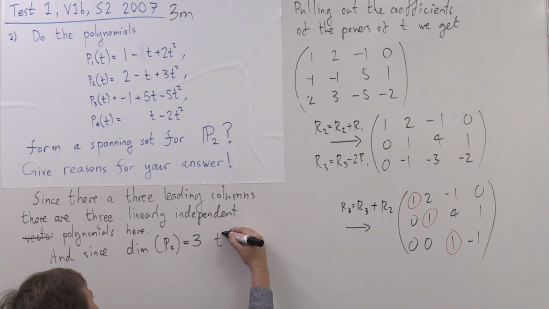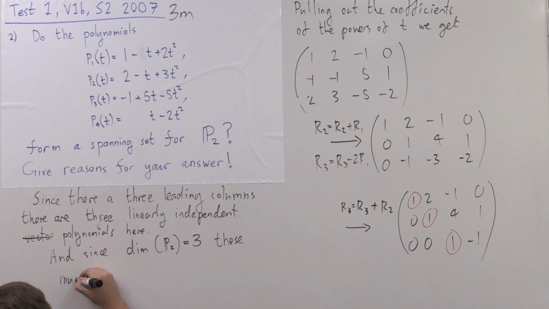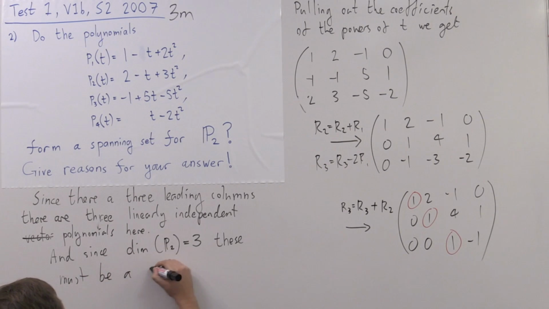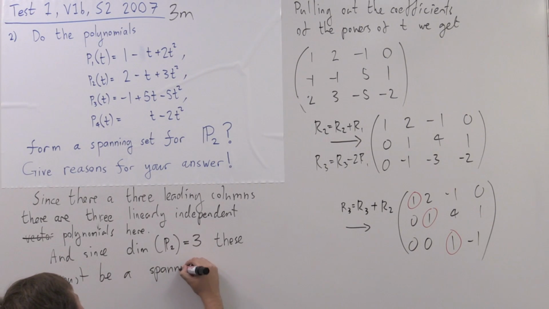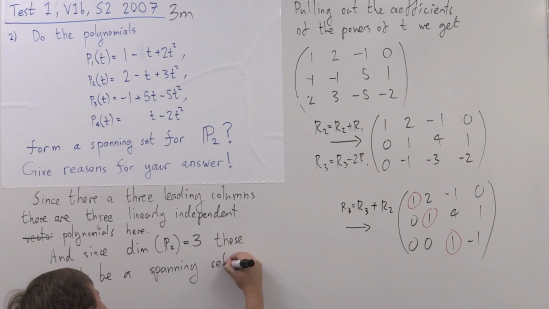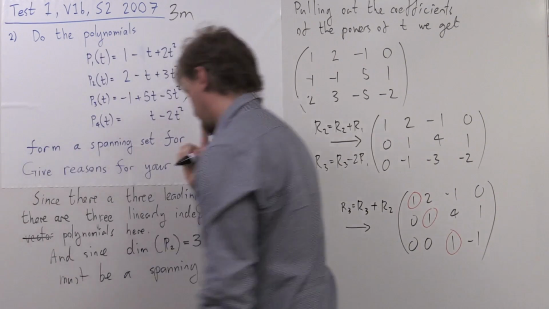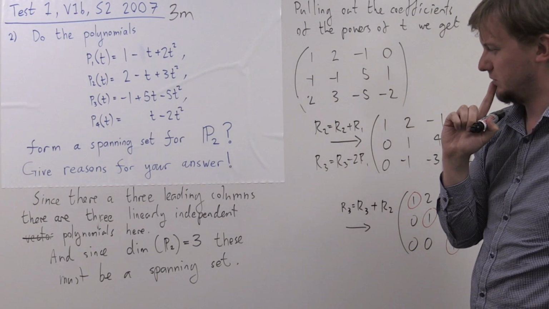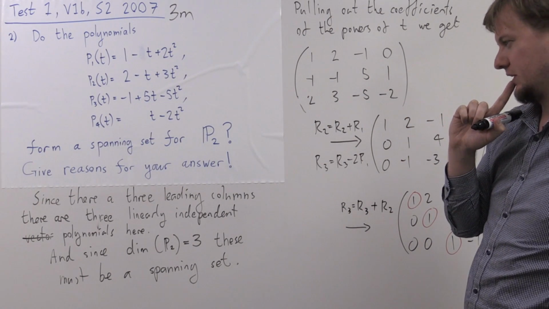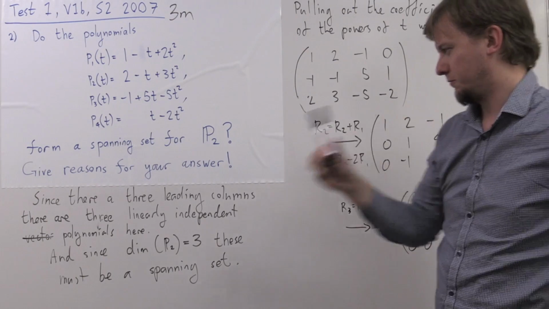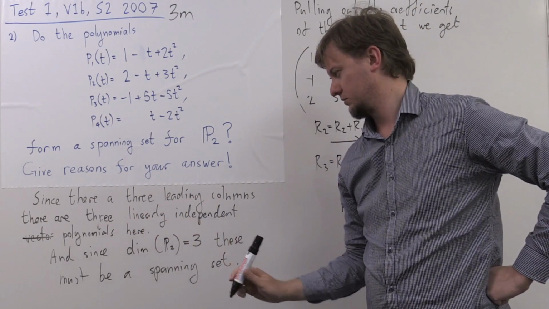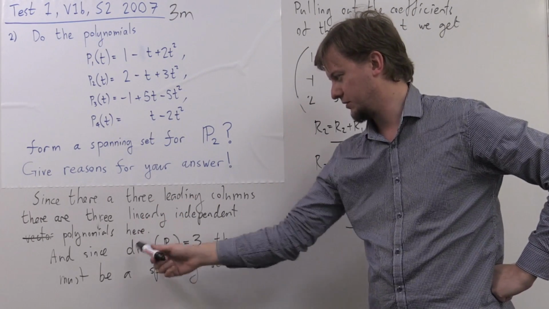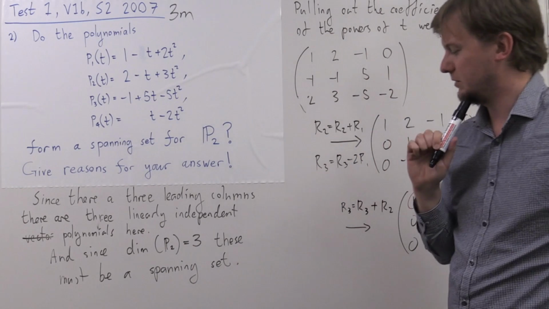These must be a spanning set. So I think that does answer the question, but I welcome criticism. You have three linearly independent polynomials, and because they live inside a three-dimensional vector space, they must be a spanning set.